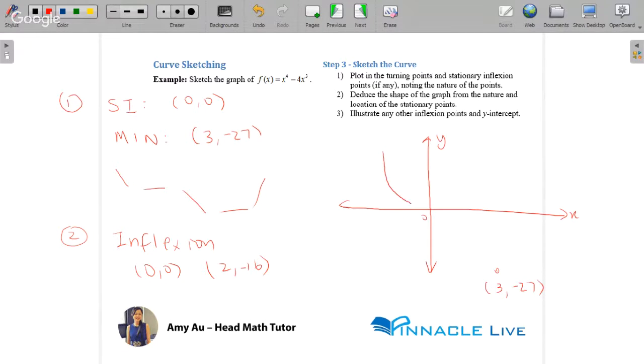All right, so you've got inflection and then the minimum turning point. So that follows the shape of the graph.